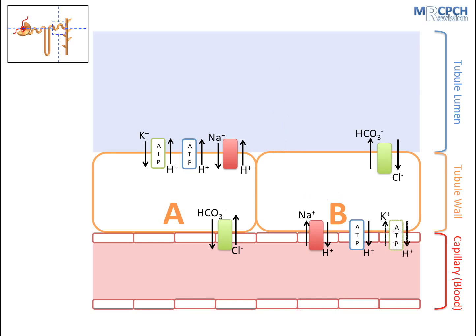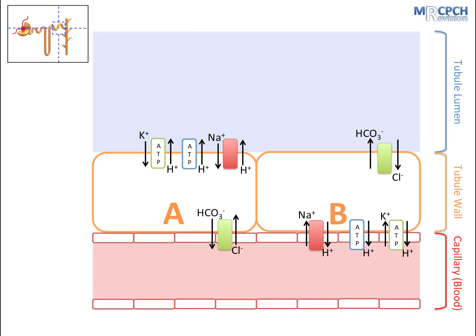And again, but in reverse, we have the potassium-proton ATPase. So it does exactly the same job as the type A cell, but in reverse. So instead of reabsorbing bicarbonate and secreting protons, here we secrete bicarbonate and reabsorb the protons.